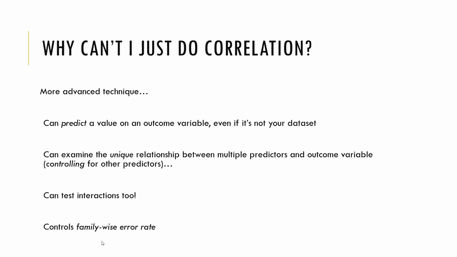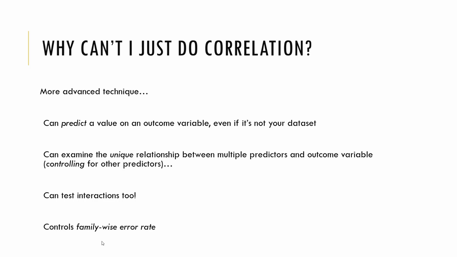You can also use it to examine the unique relationship. What multiple linear regression will do is look at how, if you've got 2 or more predictors, they come together to help make predictions. But then it will also allow you to separate them out, and while controlling for the influence of one predictor, it will allow you to look at the unique relationship between the other predictor and the outcome.